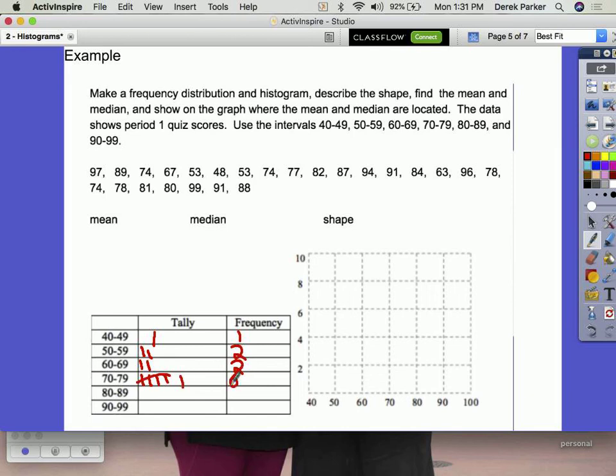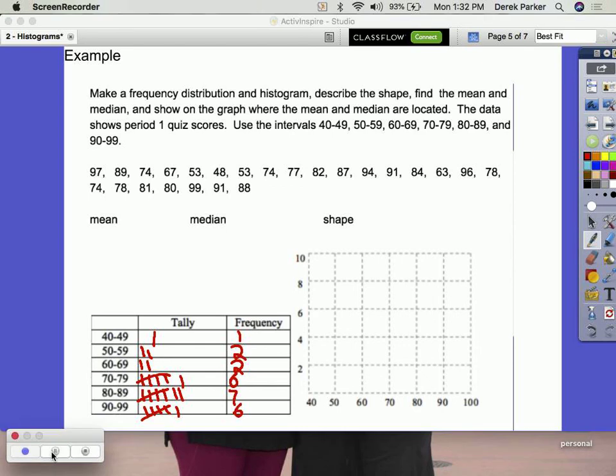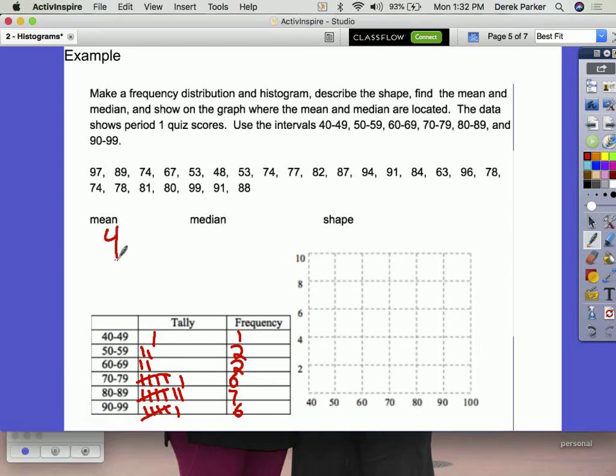And I would hit pause as you're doing this. Your mean is 4. Your median is 4.